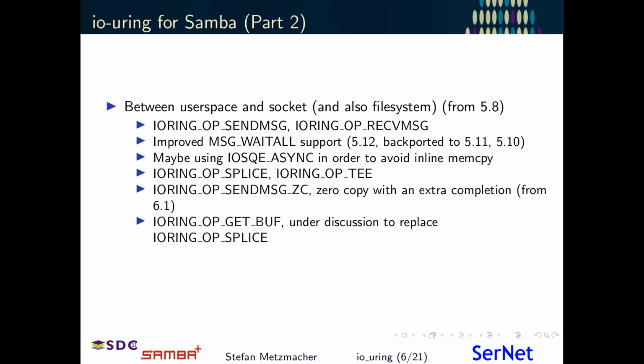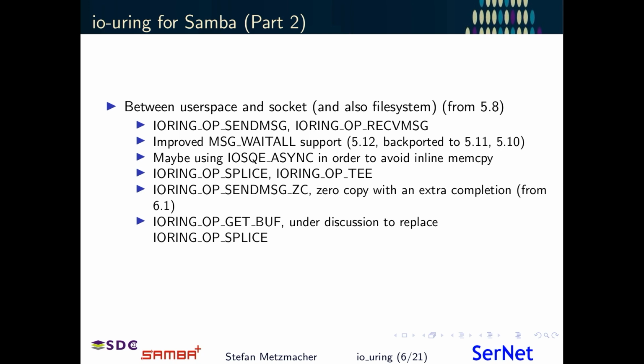So, between user space and the socket, we have sendmsg and recvmsg, which improved over the time in the kernel, also allowing waitall support. That means if not all data is there you wish for, we will wait in the kernel until it's there.